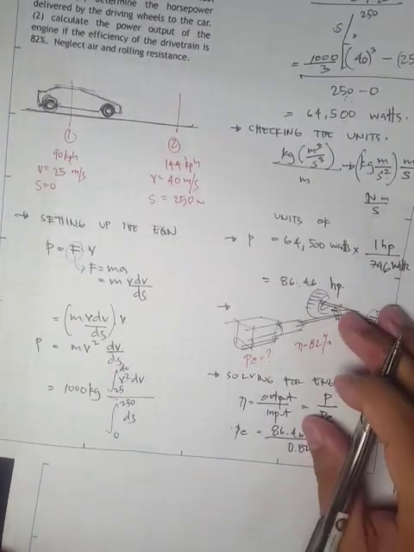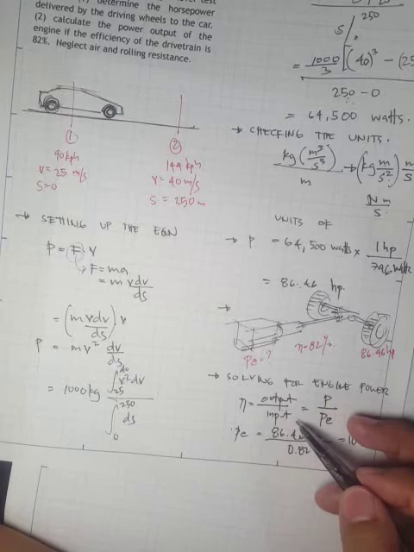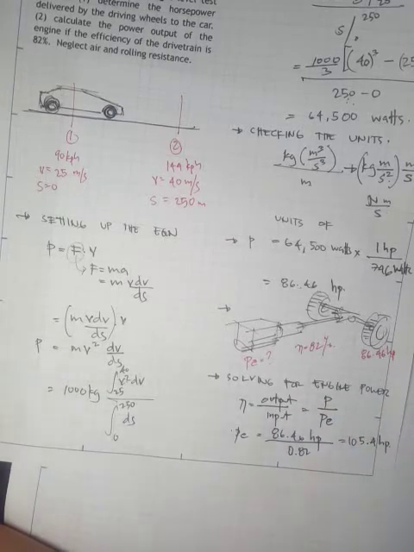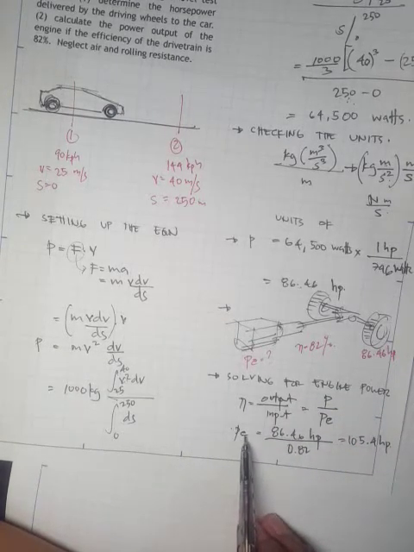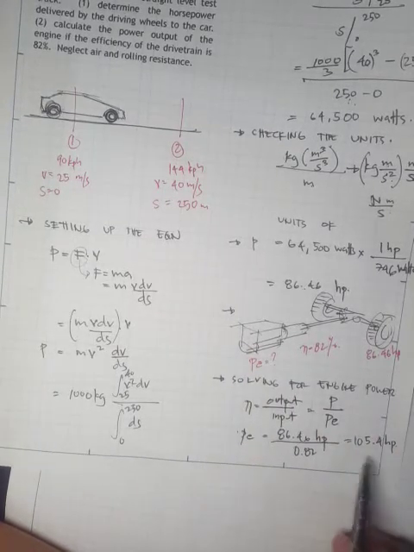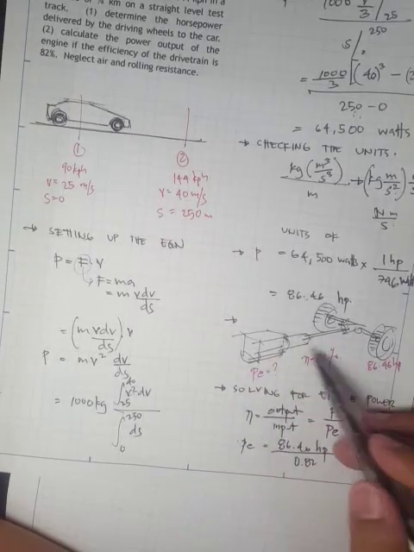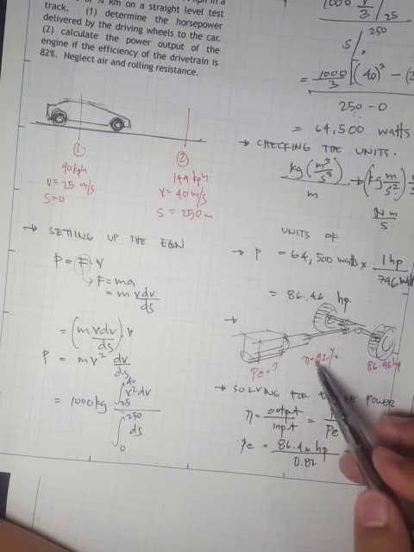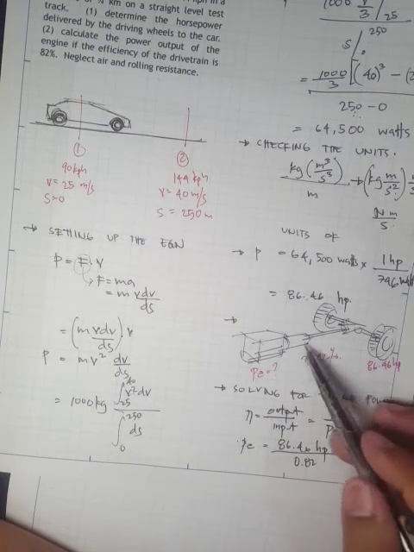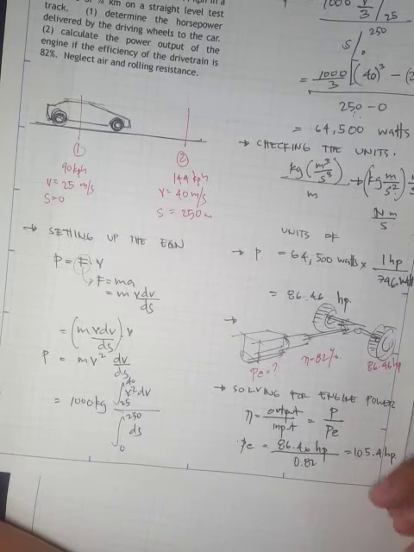If you're confused about what should be in the numerator or denominator, the input power should be greater than the output. So the input power is 105. Because there are losses in the drivetrain, with 82% efficiency, what's left is just 86.46 HP.